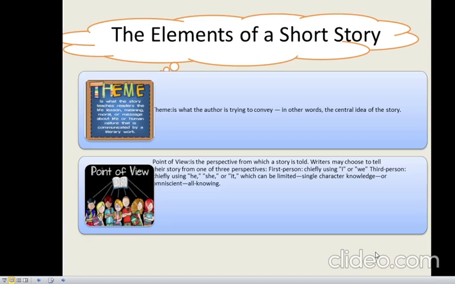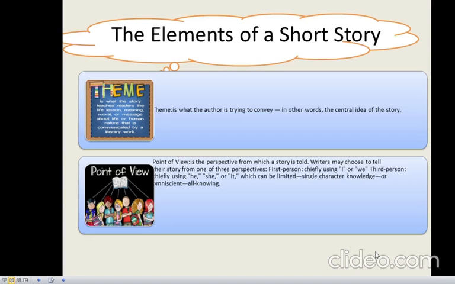And a point of view could be written in first person, I, we, or third person, he, she, it, etc. And it is important to know the point of view that the story is written from. Why?